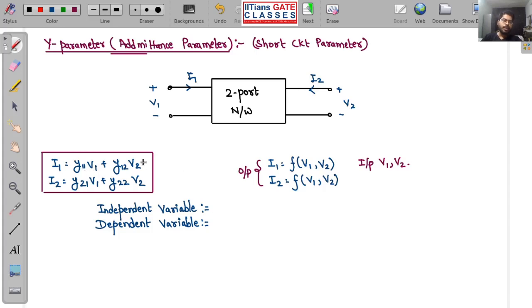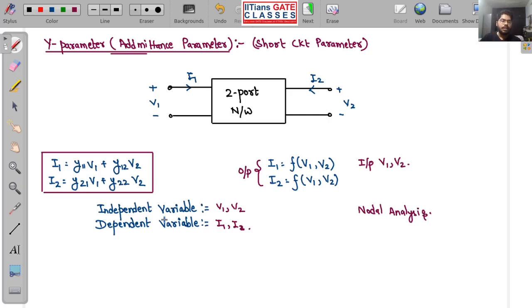Independent variables are V1 and V2, and dependent variables are I1 and I2. Always remember, whenever we write the Y parameter for a circuit, it is better to use nodal analysis. Like in the Z parameter I told you mesh analysis, in the Y parameter you will be using nodal analysis. It is very simple to then solve the circuit in terms of the Y parameter.